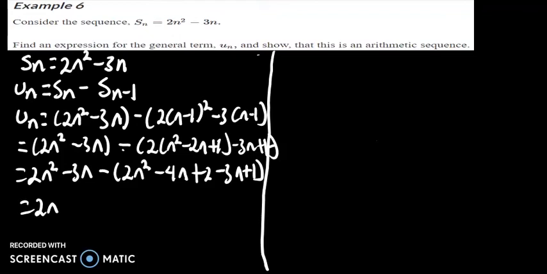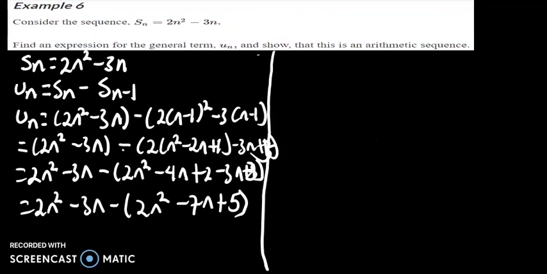So 2n squared minus 3n minus 2n squared plus 7n minus 5. Because minus 3 times minus 1, that's 3, so 2 plus 3, that's 5.